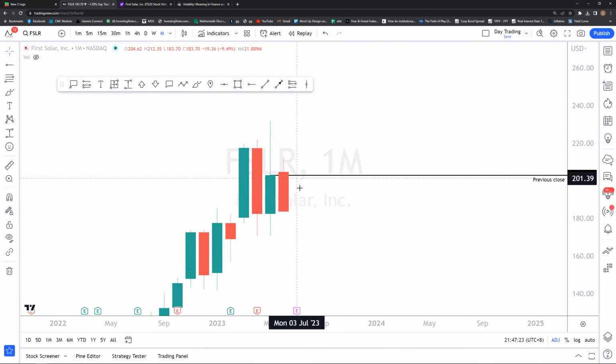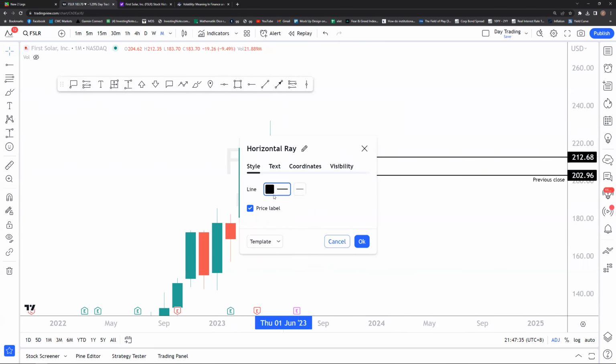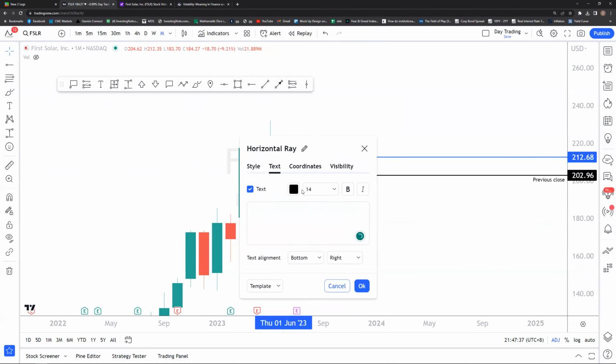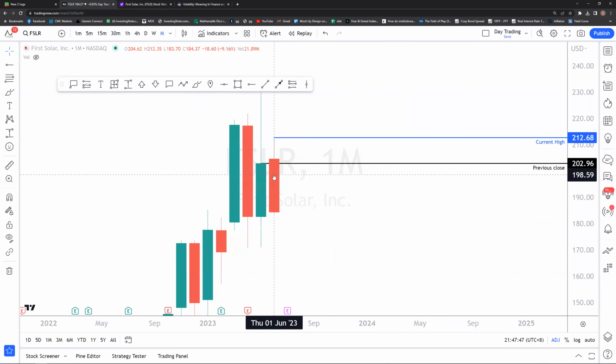Then currently we have no close yet because this candle is still moving. June hasn't ended yet, so I will not show you the current close now, because the candle is still moving. But we do have the current high. Okay, this is the current high. The current high is 212.35.